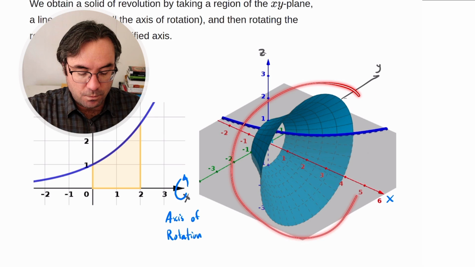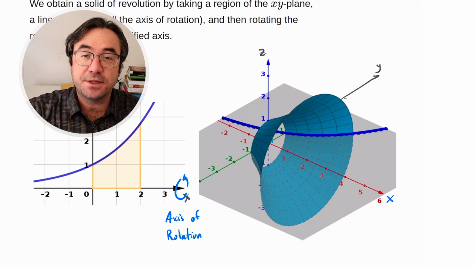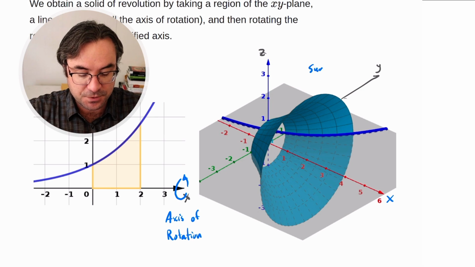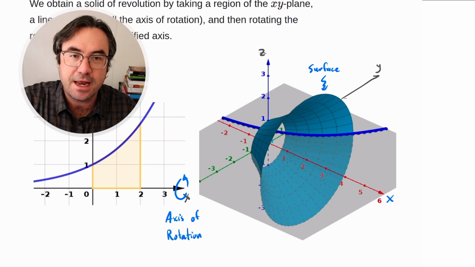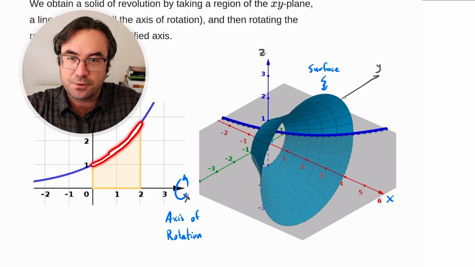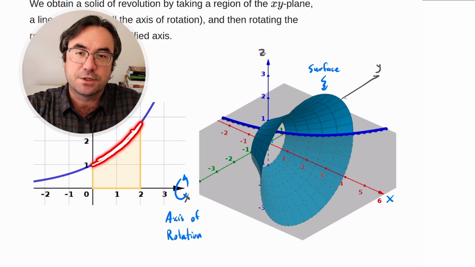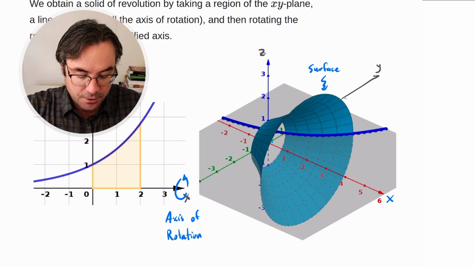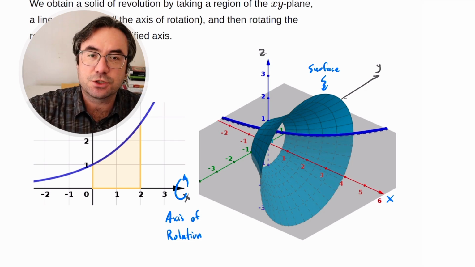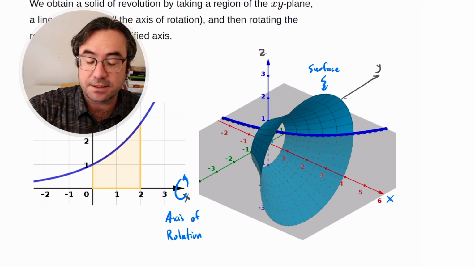What I have graphed here is a surface. This is an example of a surface. It's a two-dimensional object sitting in three-dimensional space. How we're getting this surface is we're going back to the planar region, taking this section of the curve, which is right here, and rotating that around our axis of rotation.